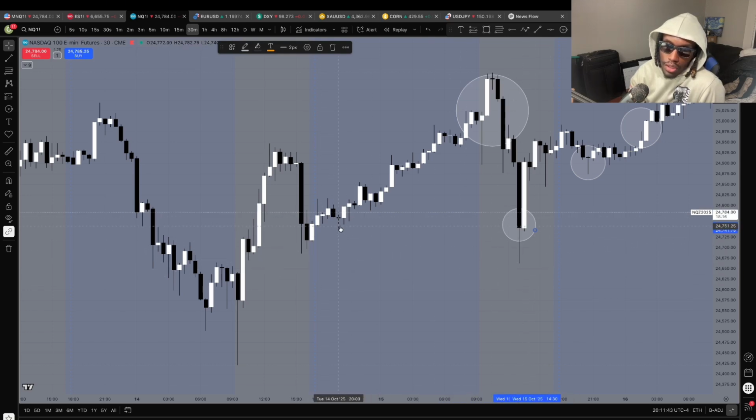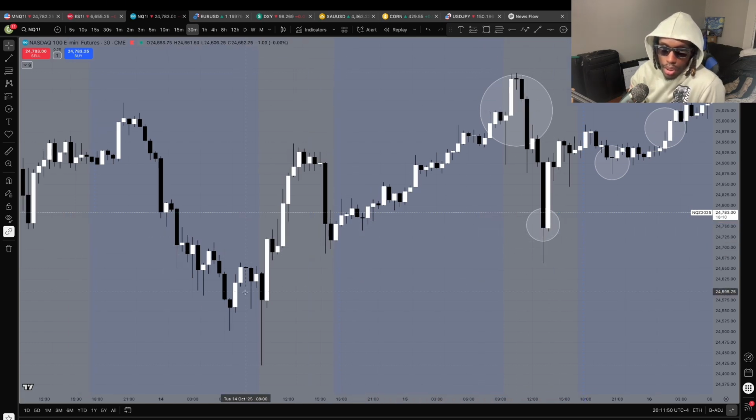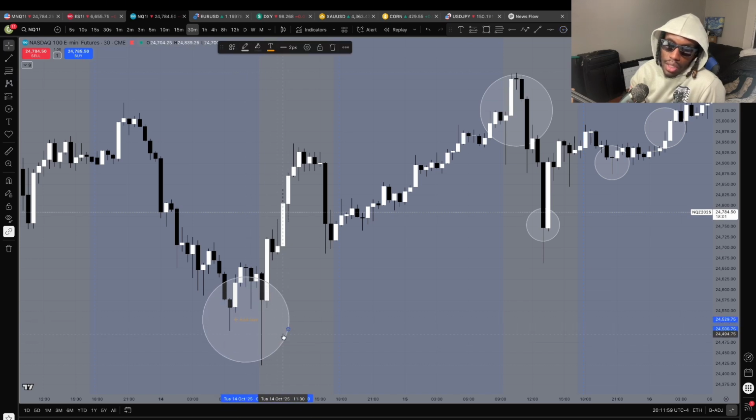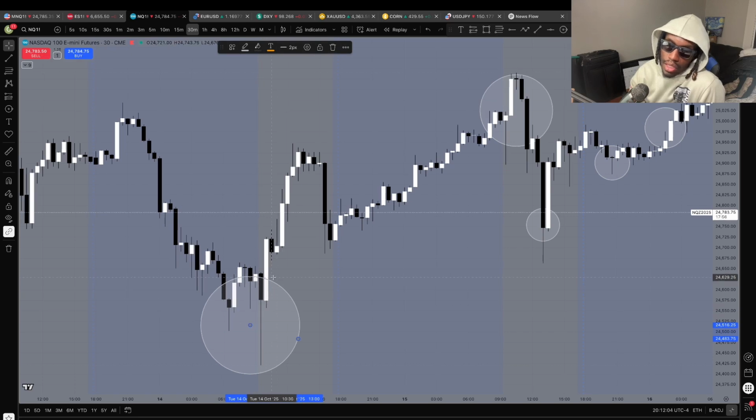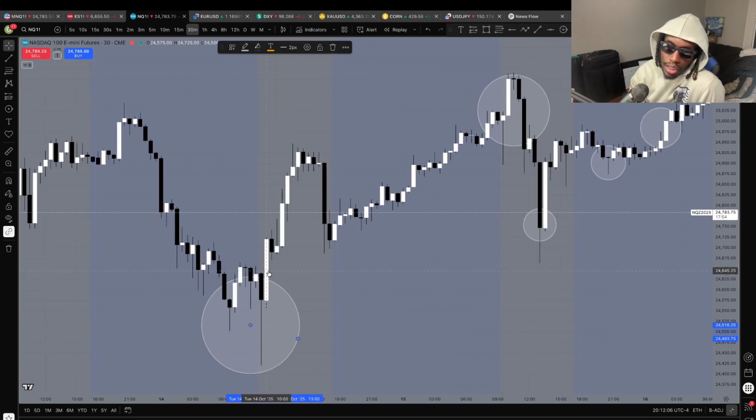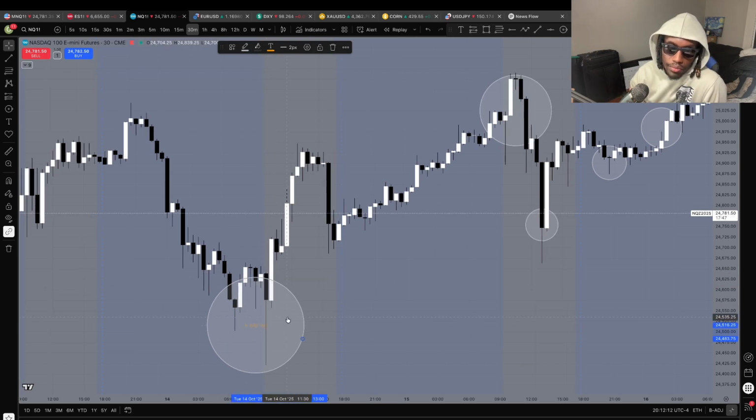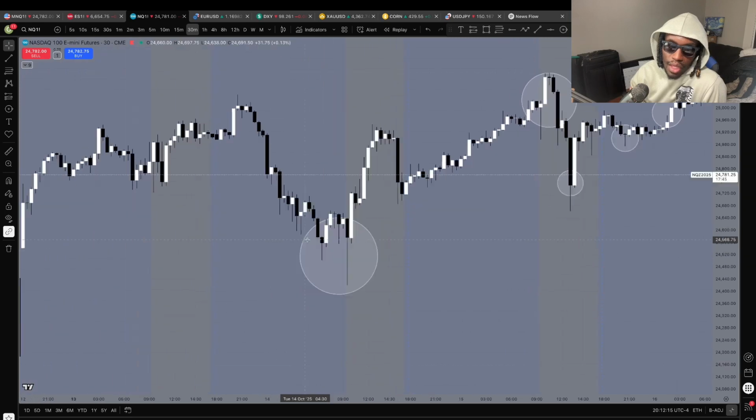If you measure this wick compared to these other wicks, it's way bigger than them. So paying attention to these wicks is essential. It's crucial to understanding what's going on in price. And then right here again, we have a big wick that shows sellers tried to push price down, but then buyers just took it over. Then what happened after that? We had a big bullish candle that gives us confirmation that price is bullish right after that big wick. So we're just using everything in combination with each other.